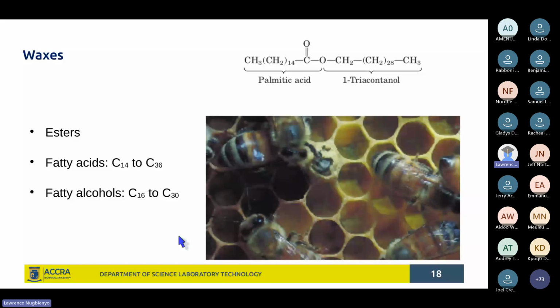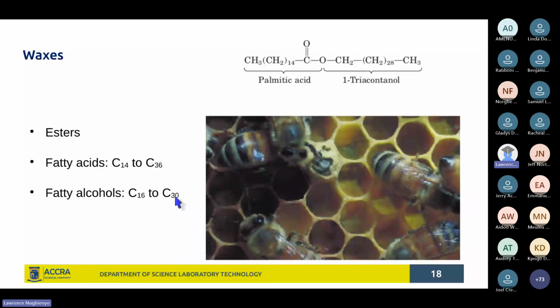Now, waxes are formed between fatty acids consisting of, say, 14 carbons up to 36 carbons. Then you have them getting esterified with fatty alcohols that contain 16 carbons up to, say, 30 carbons.